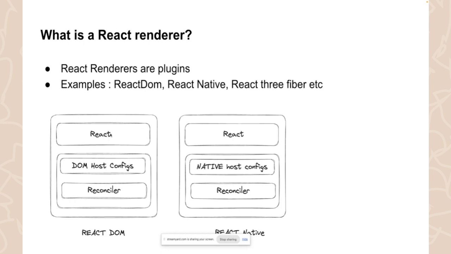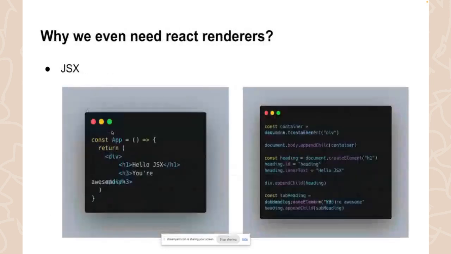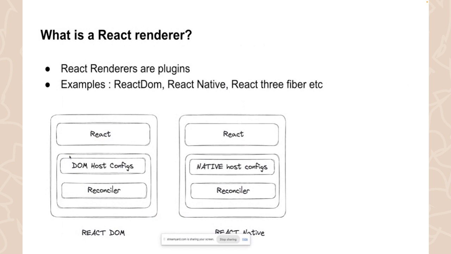So basically in your project you'll have React, and then it will have React DOM. React DOM is specifically made up of two things. It has a reconciler, and then it has DOM host configs. So a React renderer is just a plugin. You'll have some configs, where you basically tell it how to create something.